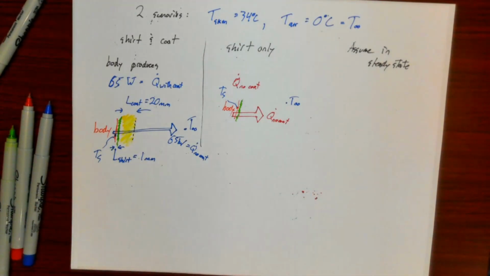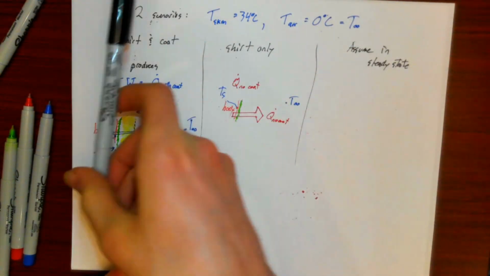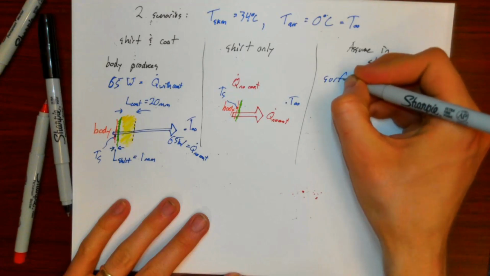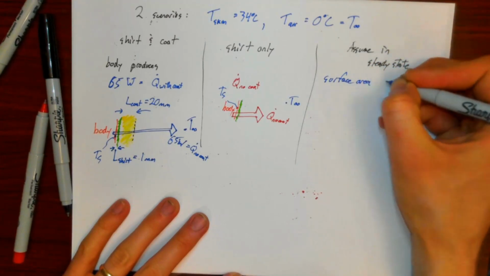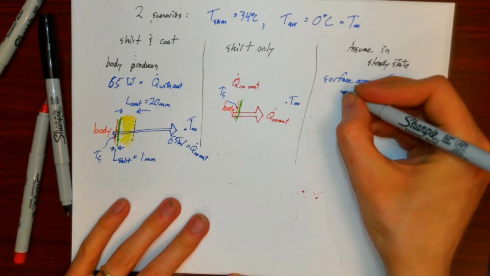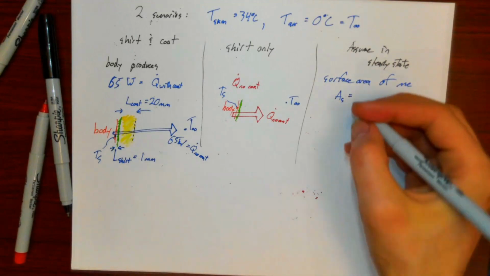Let's also take one more bit of information. Let's say the surface area of a human, of me, is about 2 meters squared.